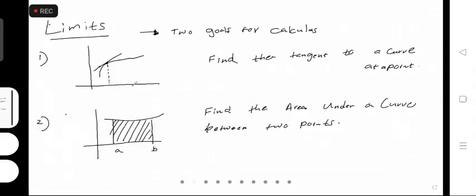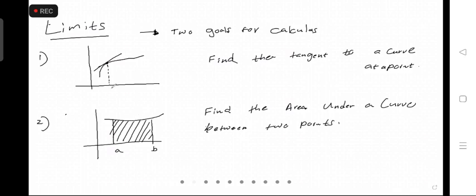Today, what we are going to learn, these are the goals. In the future, you have to address these two. Right now you don't have an idea why we calculate the area under the curve or why we calculate the tangent to the curve at a position.